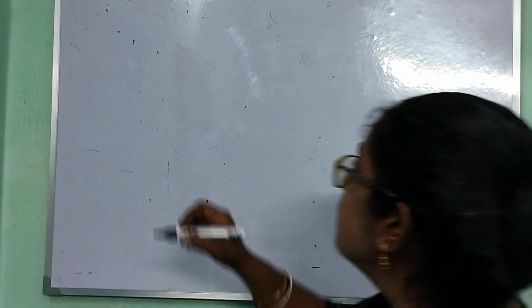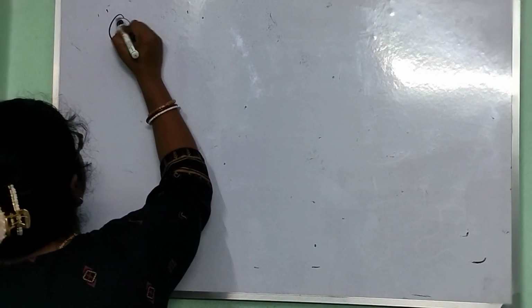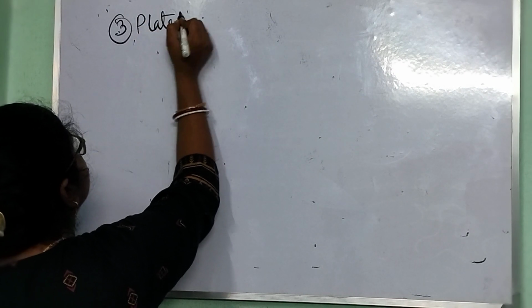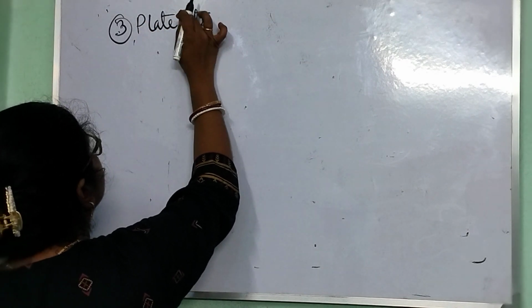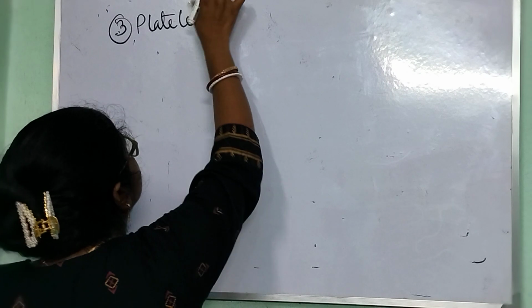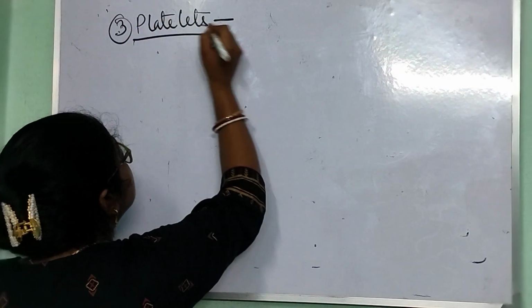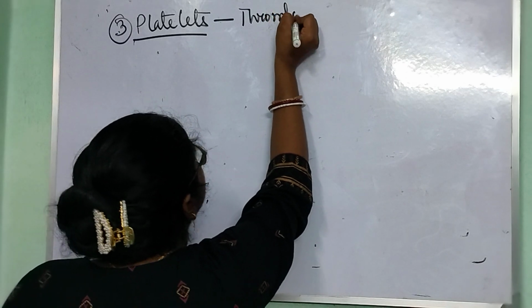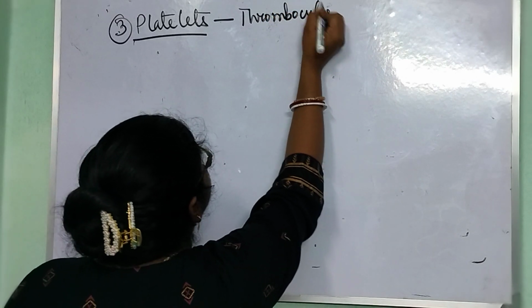So the third blood corpuscle is platelets, also known as thrombocytes.